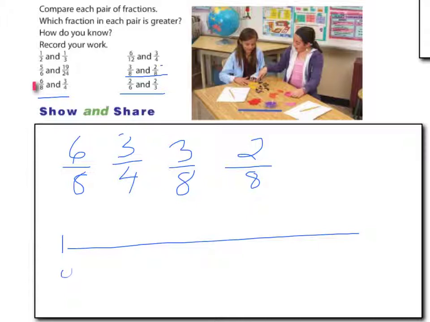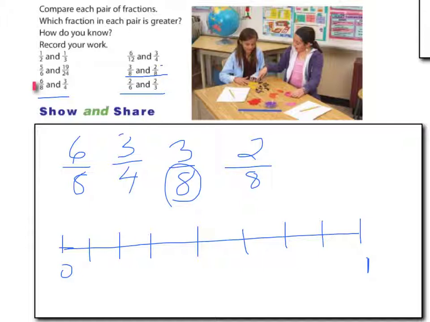It's going to go from 0 to 1, and because my largest denominator is 8, I have to divide this shape into 8 equal pieces. I find it easiest to take it into 2 halves, then divide that half in half to get the 4 parts. Same thing over here.